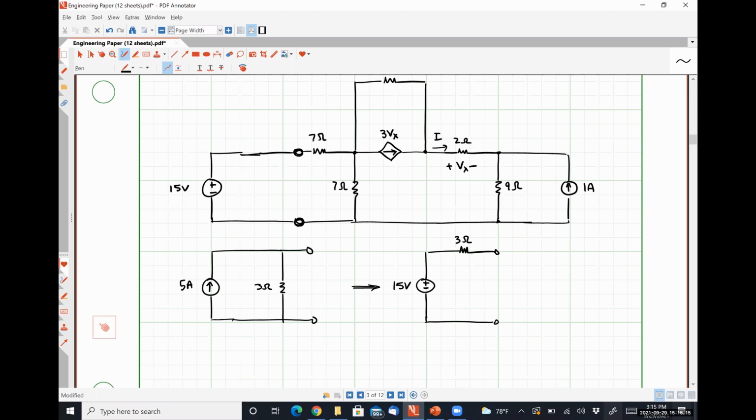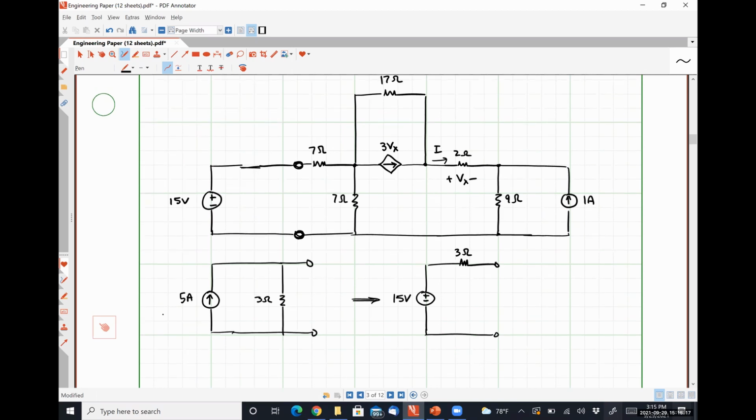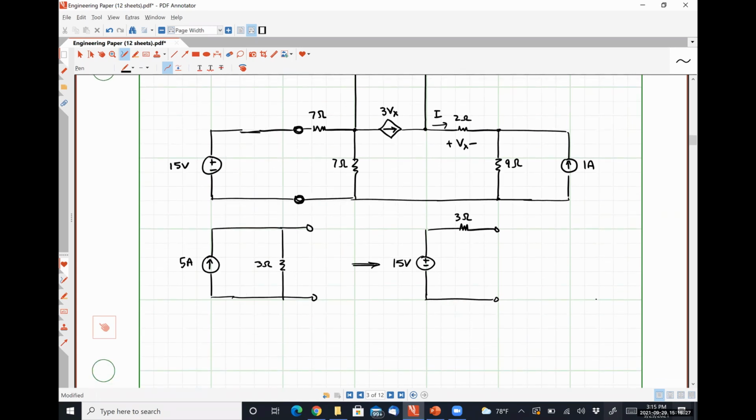So in what other way could we simplify this? Do the exact same thing to the 1 amp source on the right-hand side of the network, the practical current source formed by the 1 amp and 9 ohm resistor. All right, so I'm going to draw my little terminals.